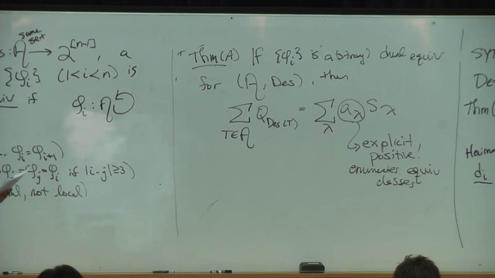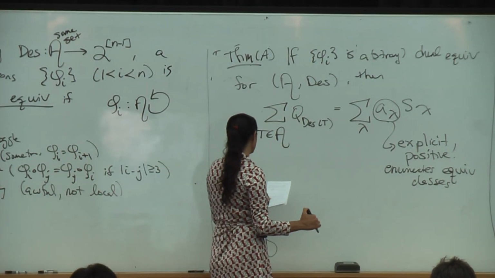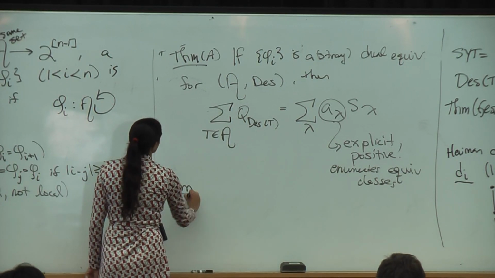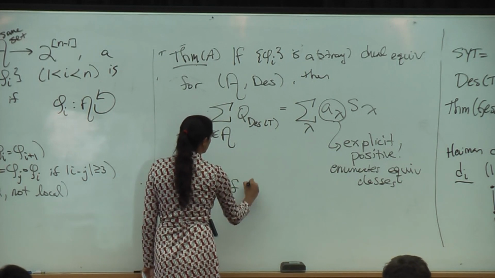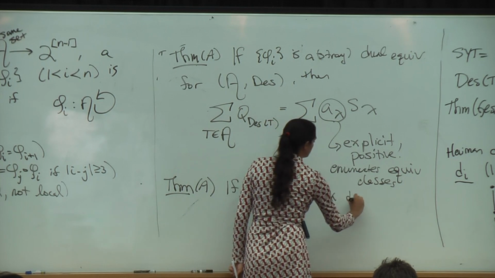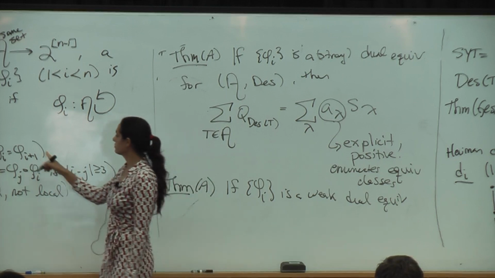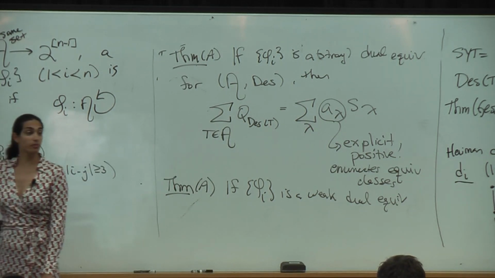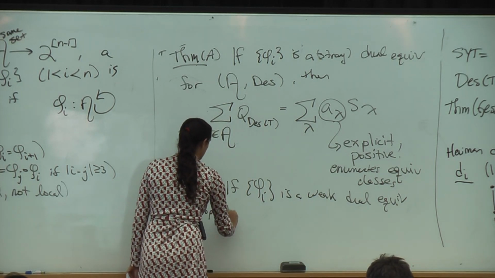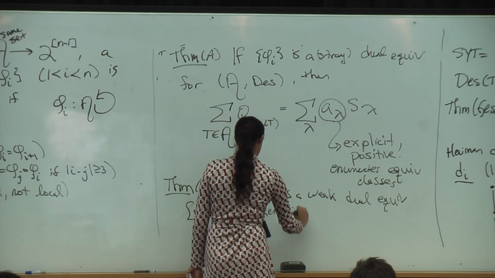Unfortunately, you only ever call something strong if there's a weak version, right? So let me say there's another theorem, which is that if phi is a weak dual equivalence, so that means that you skip the minimality, you skip the awful condition. So I'll just say drop 5, and you weaken 3.